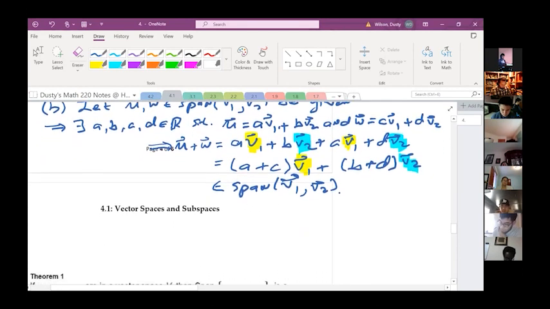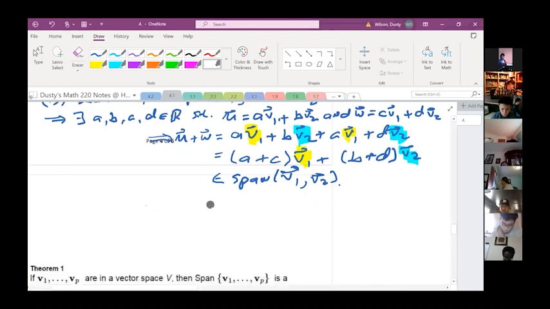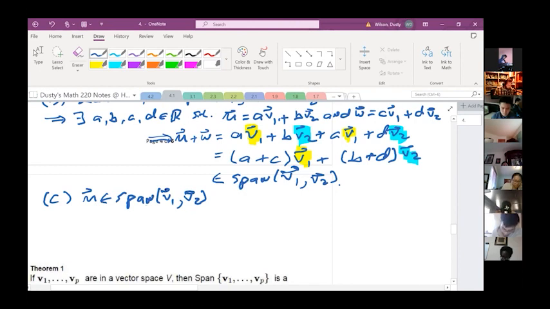To show scalar multiplication works, we can again give ourselves some euctor U, which is in the span. Take an arbitrary element that's in the set, and we're doing scalar multiplication, so we need to give ourselves a scalar C.